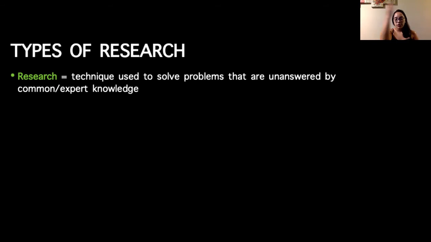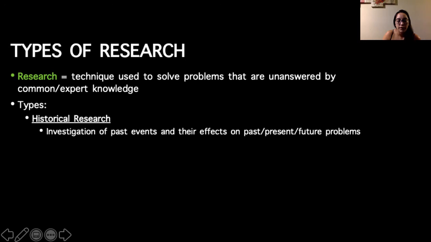Just a brief intro into the types of research that exist. Research is basically just a technique that we use to solve problems that are unanswered by common or expert knowledge. There are different types.